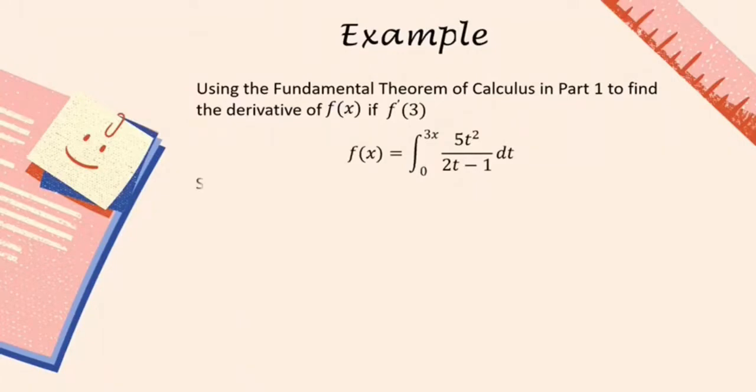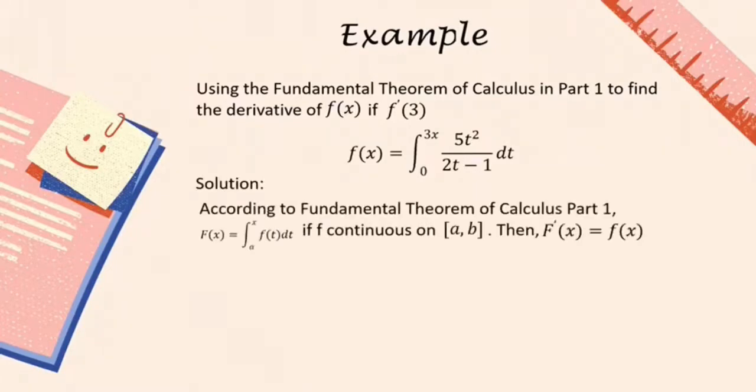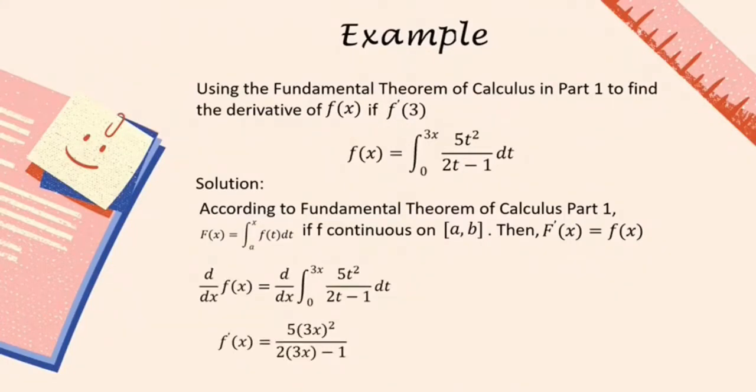According to the fundamental theorem of calculus part 1, if f is continuous on [a, b], then capital F'(x) is equal to f(x). So we just differentiate, substitute the value of t with 3x and then x with 3, and we get F'(3) is equal to 405 over 70.